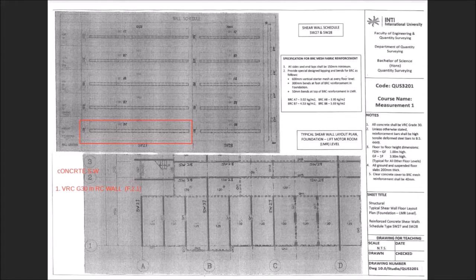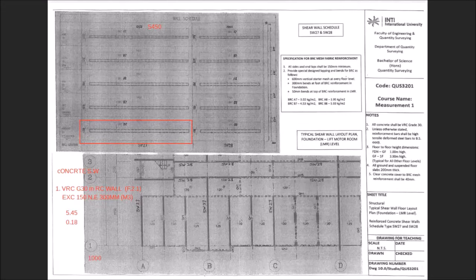You have to take the length. This is 5450, 5.45, and the thickness is given as 0.18 because we have to round up 175. You round up, you get 178. And then the height, because this is the ground, you have to show in the section 1000 mm.